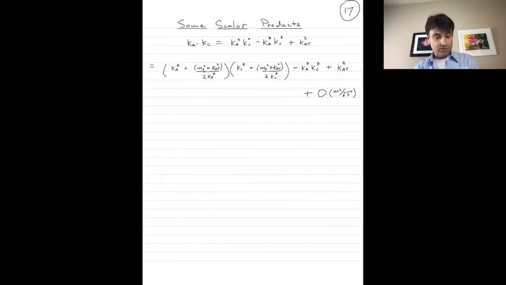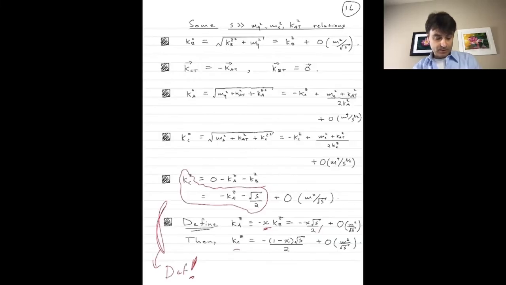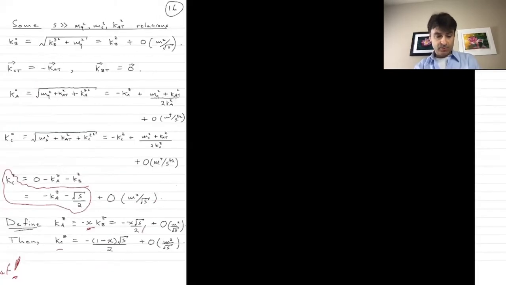Okay, and now I'm also going to plug in my expressions from the previous pages for Ka0 and Kc0. I'm going to plug those in right here.